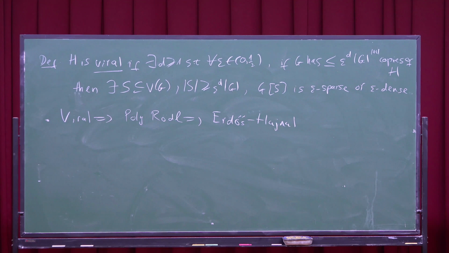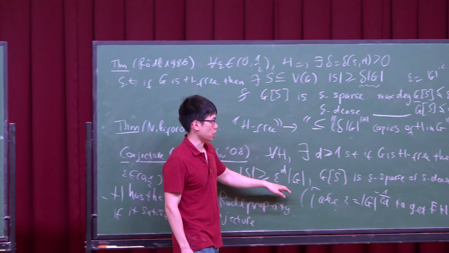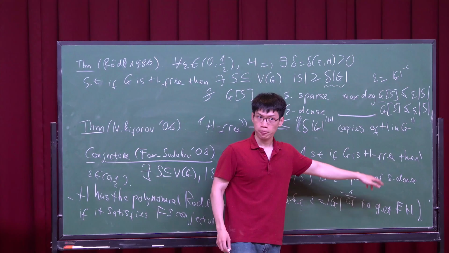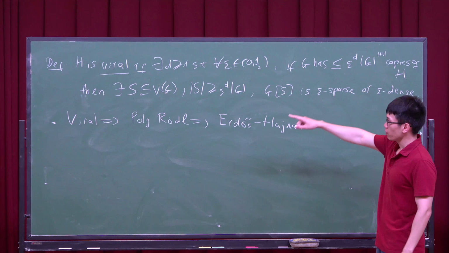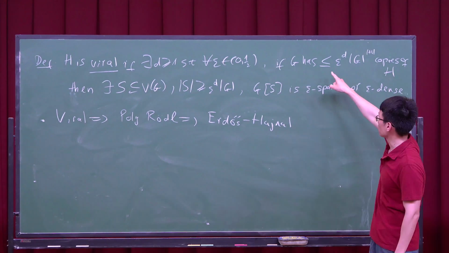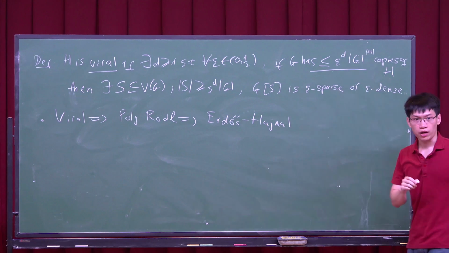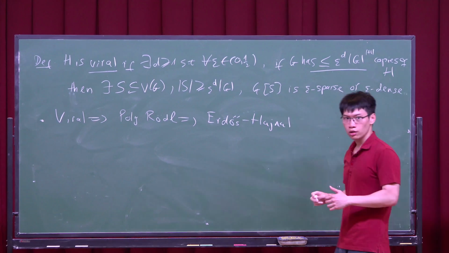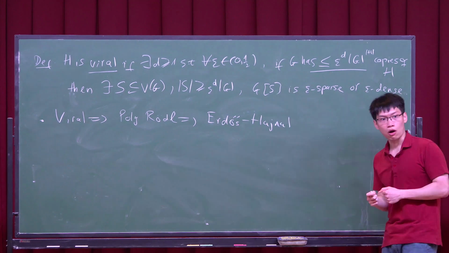But now if you go to the viral property, then G becomes even less relevant, because the condition H-free is replaced by not many copies of H, and here again the count depends exclusively on the density parameter epsilon.